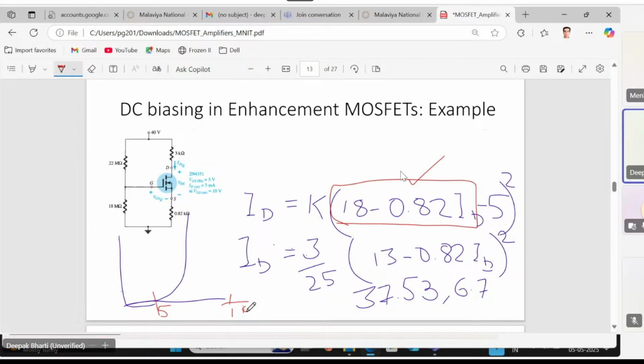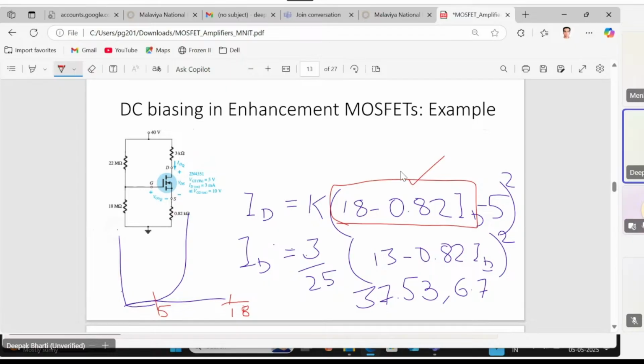And 18 by 0.82, let me also calculate how much that is. 18 divided by 0.82 is roughly 22 milliampere.